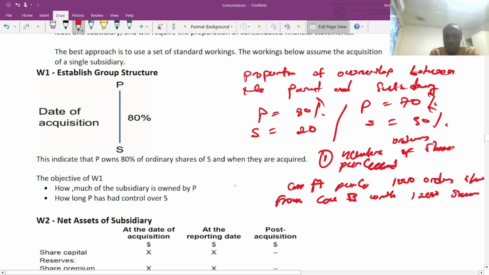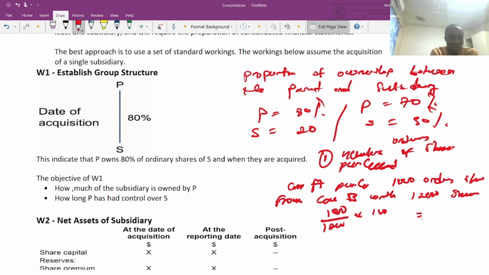So basically, from this question, we need to calculate the percentage of holding, which is 1,000 shares divided by 1,200 multiplied by 100, which gives us the proportion of ordinary shares acquired. So this will be the proportion of investment that we can account for as the proportion of holding for the parent company. And the difference will be for the subsidiary.